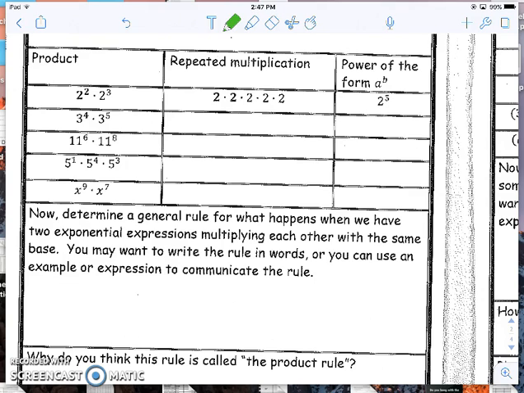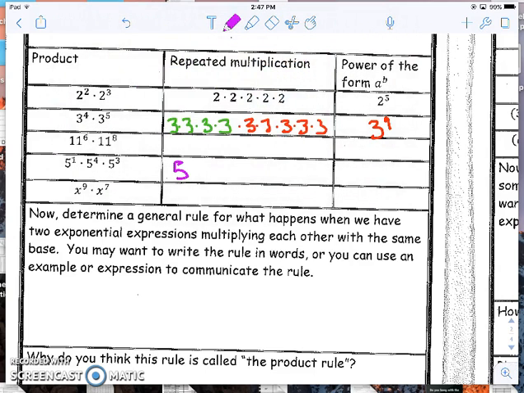So 3 to the 4th would be 1, 2, 3, 4. And then we have 3 to the 5th, so times 1, 2, 3, 4, 5. So how many is that? That's really 3 to the 9th. So we could continue writing these out. Let's try this one.